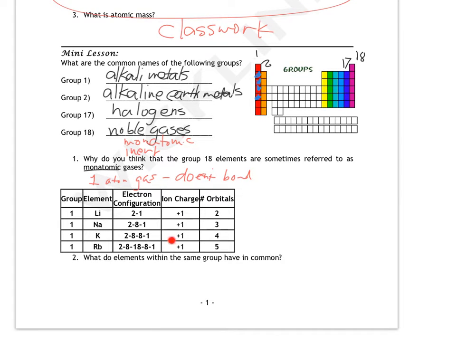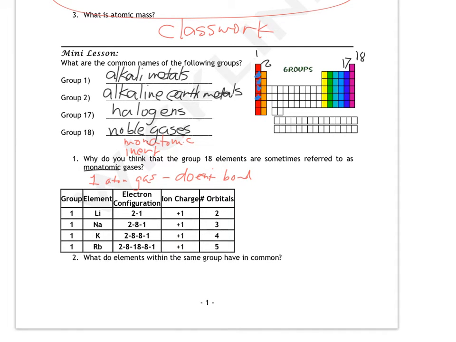So I put in some data here to help you see that, but what they do have in common is they have the same ion charge. So elements going down a group have the same ion charge. And although they do have different numbers of orbitals, like this one has 2 orbitals, this one has 3 orbitals, 4 orbitals, and 5 orbitals, in the very last orbital, right here, they all have 1 electron, which matches up nicely with the ion charge.